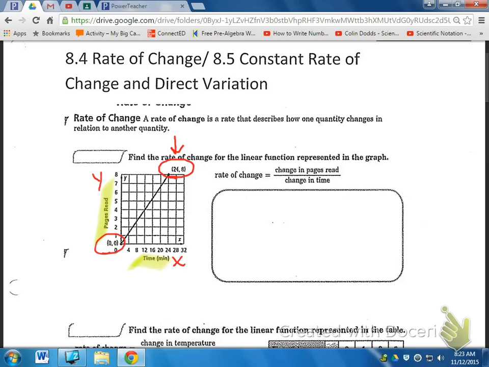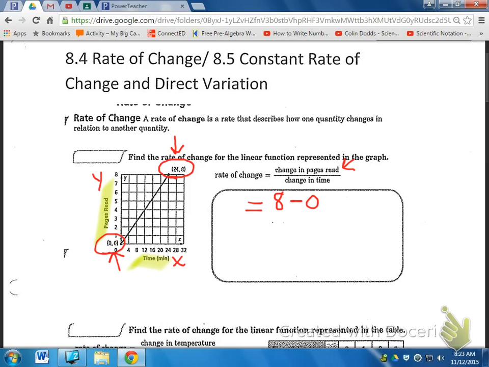But when it says the change in pages read, you've got to compare the two ordered pairs. So I'm going to do this. The change in pages read, well, in the one at the top, there were 8, minus down here at the very beginning, the y value is 0.